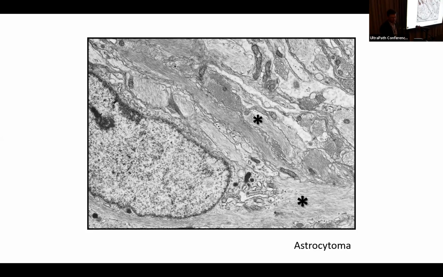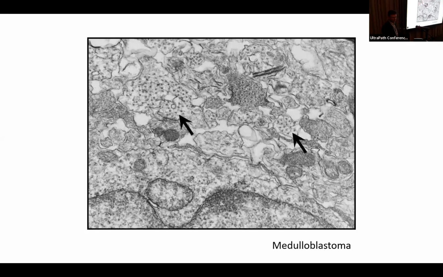Here, tumor cells with long, attenuated cytoplasmic processes packed with filaments are indicative of a glial neoplasm, such as an astrocytoma. And then tumors of neural derivation, such as medulloblastoma, feature cytoplasmic processes that are filled with microtubules rather than filaments.